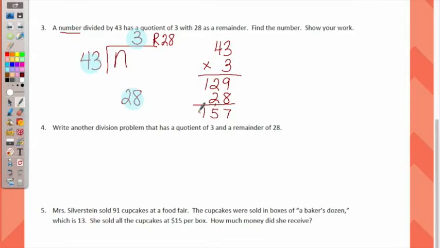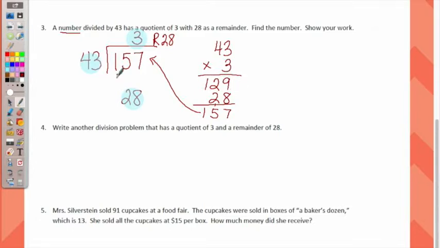Okay, so technically that number should match what's in the doghouse, right? Well, let's just try it, see if it works. What number am I going to write here? 157. Now make sure you put the 3 on top of the 7. So when you write the number, everything has to line up, okay? And we said that 3 is the quotient. So 3 times 43, we already know it.